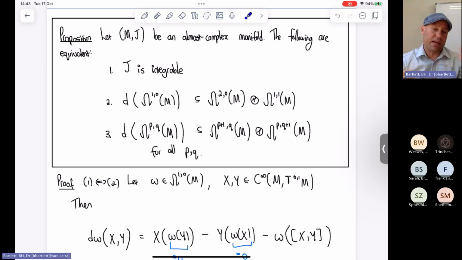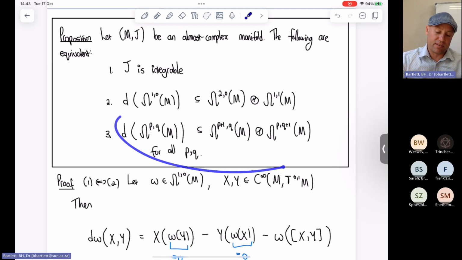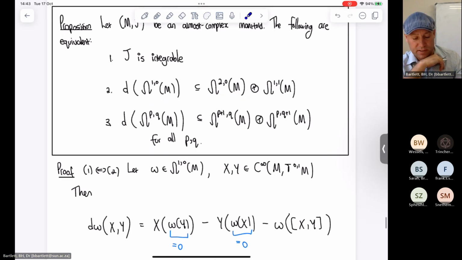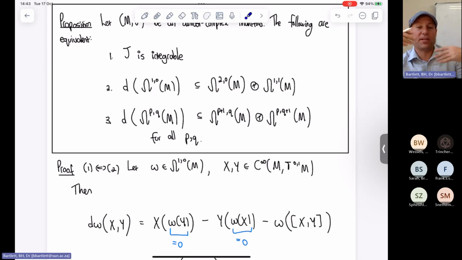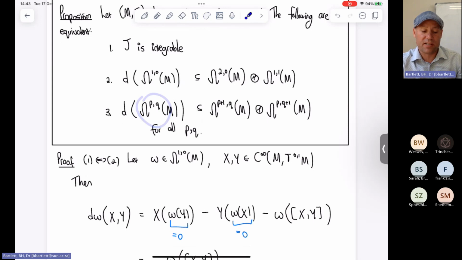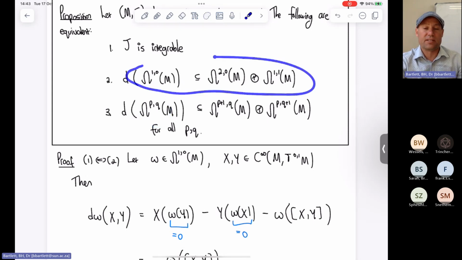And so then I can apply D to that, and I can use the Leibniz formula. In the end, proving 3 is going to boil down to proving 2, because I'm differentiating some big product, and eventually I just need to know this.